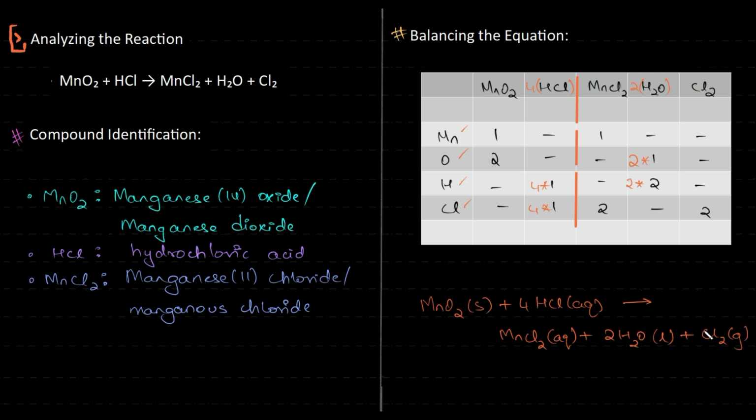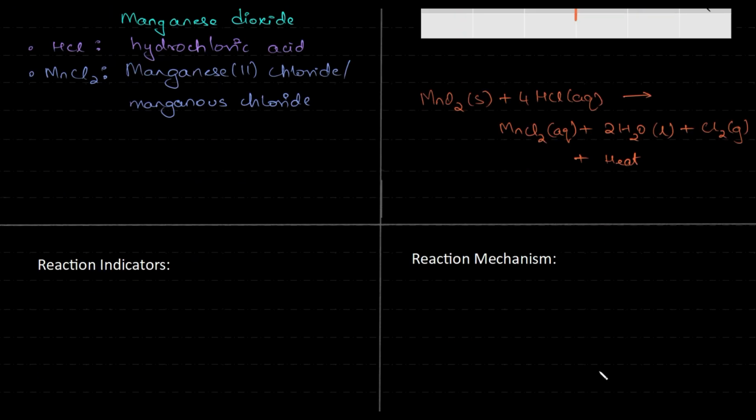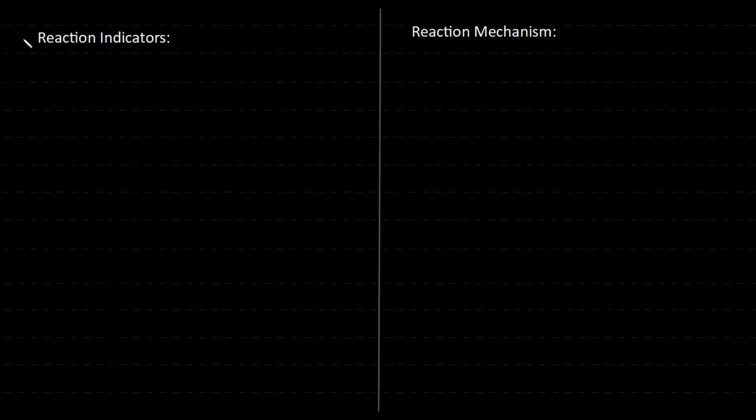So what are the indicators? Clearly, there is gas formation. And this is exothermic, right? So we have heat as well. There is color change in the solid and the liquid. So let's indicate all of that. How do we get to know the reaction has happened? First thing is gas formation.